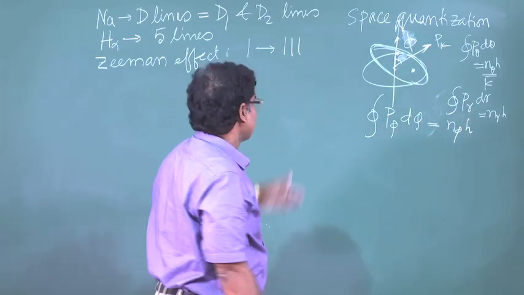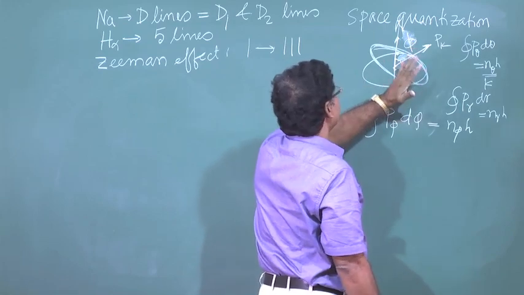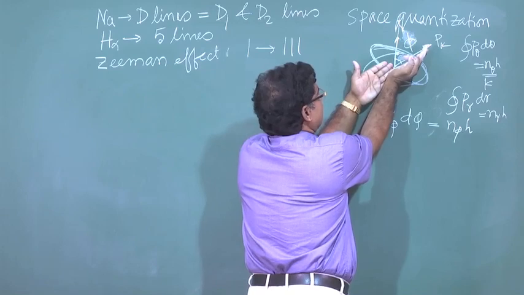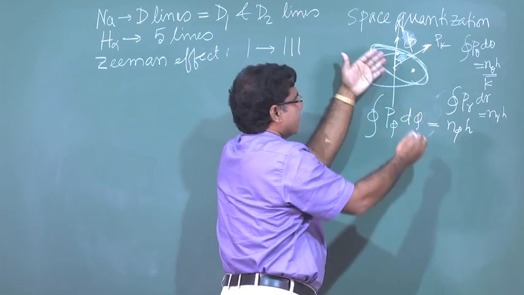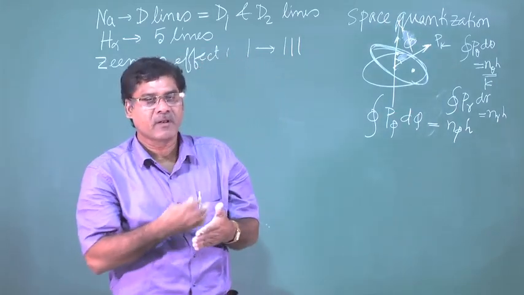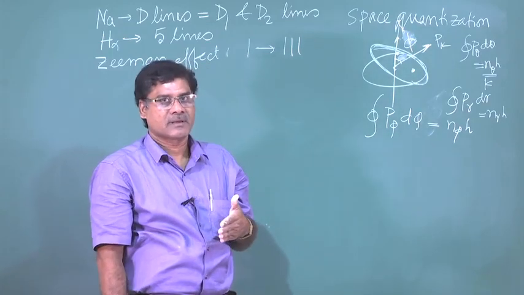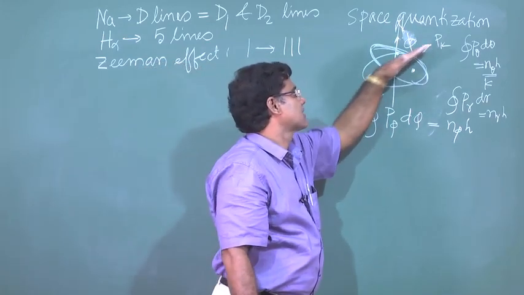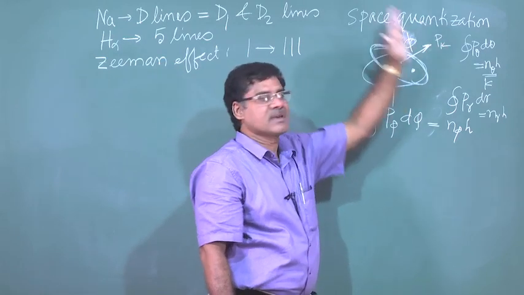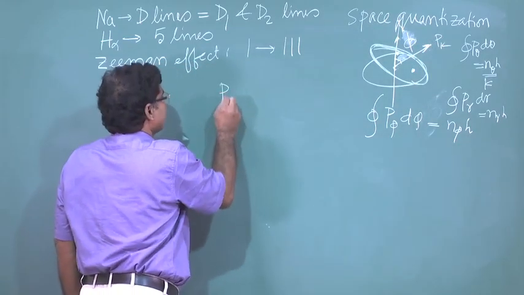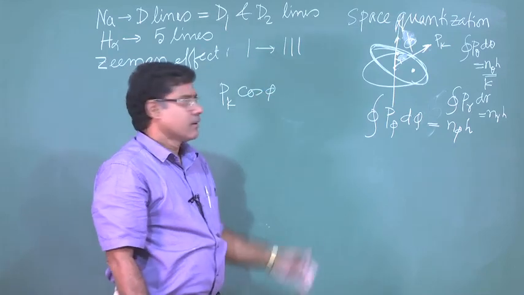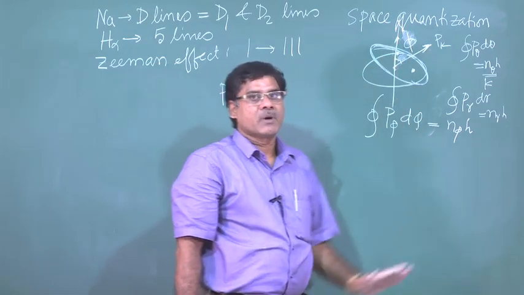Okay. So, in a simple way we can say that this pk, or this orientation of the plane of the orbit, is such that if you take the projection of the angular momentum direction along this fixed direction, this projection will be pk cos phi. Okay. So, that will be quantized.